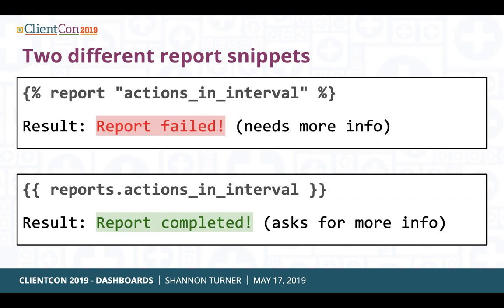This first one up top fails because it needs more information, or maybe because the report itself failed to run, but the one on the bottom succeeds because it pauses to ask for more information. So if you do get an error, just remember that there are two different ways of including a report snippet, and refer to this slide. Sometimes it can be a little bit confusing, but that is the nature of coding.